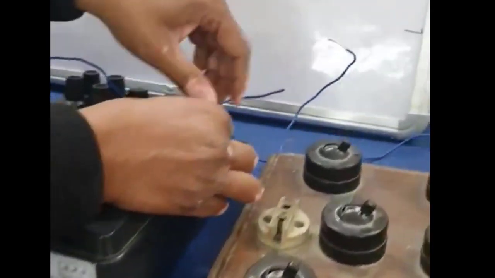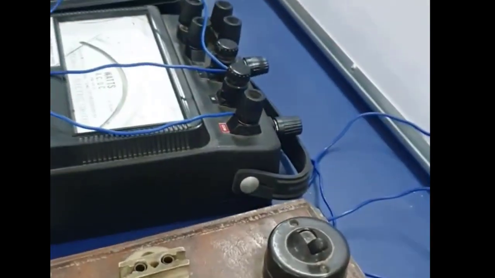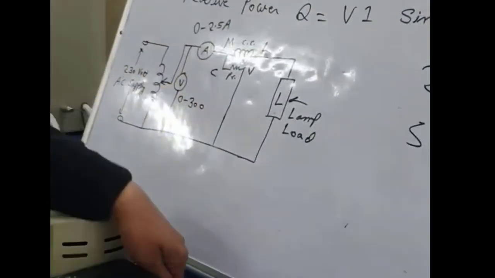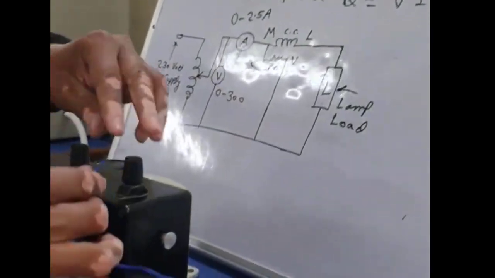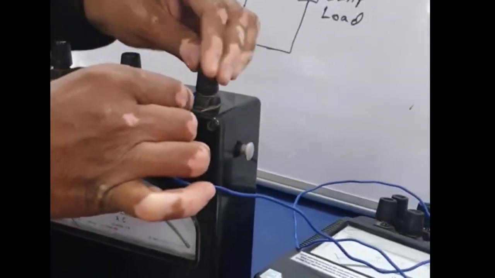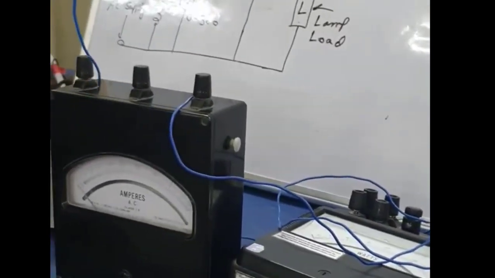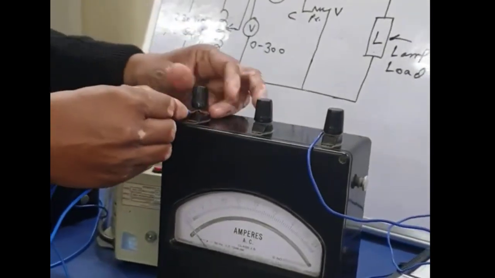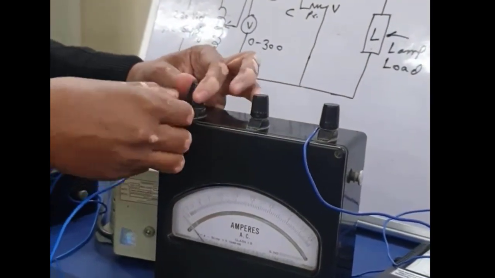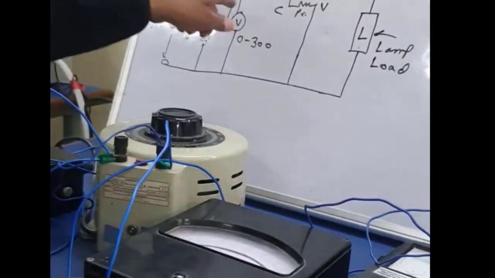These are short circuited. And this M wire, where is it going? It is going to the ammeter. So we connect the ammeter range 0 to 2.5 ampere. This terminal is connected to 2.5 ampere. Similarly, it is going to the auto transformer, so we take a wire and connect the common terminal to the auto transformer. So this portion is completed.